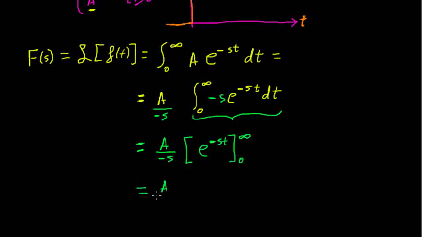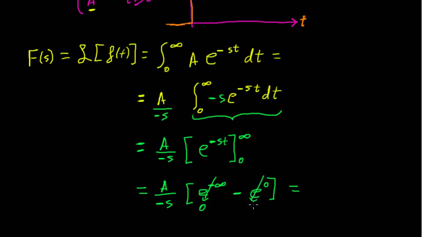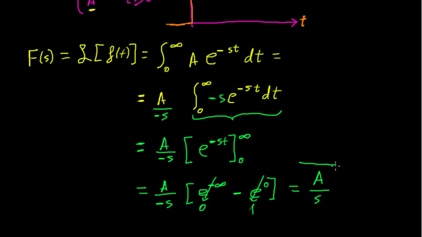That is equal to a over minus s times e to the minus infinity minus e to the 0, which is equal to, since this is 0 and this is 1, this minus 1 cancels off with this minus, and finally we get a over s, which is the Laplace transform of the step function, and therefore the Laplace transform of the unit step function has to be 1 over s.